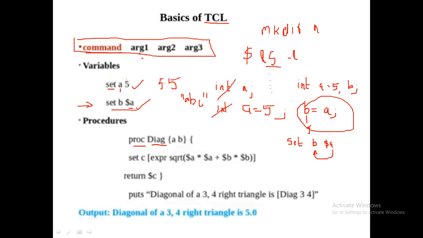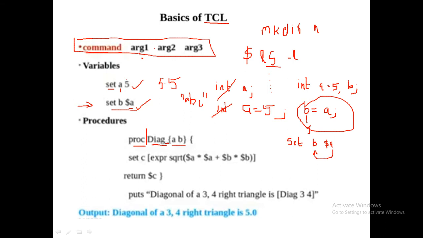Now the second argument is the parameters. It has to start with an open flower bracket, so there should be a space. You have to remember this very carefully, very important, because this is the command line. TCL is the tool command language. First you give the command, then a space, then argument 1. Argument 1 is the name of our procedure, which we gave as diag. After argument 1, again there should be a space. Very important.